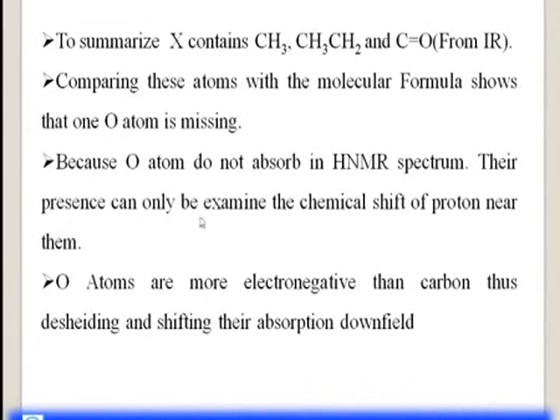Their presence can only be examined through the chemical shift of protons near them. Oxygen atoms are more electronegative than carbon, as we know from the periodic table, thus de-shielding and shifting their absorption downfield.